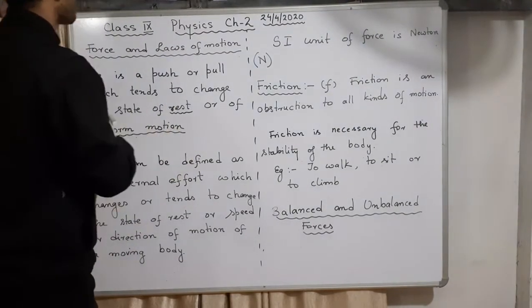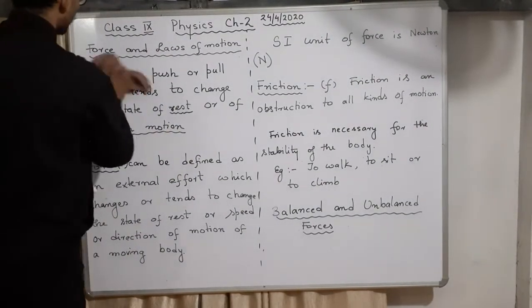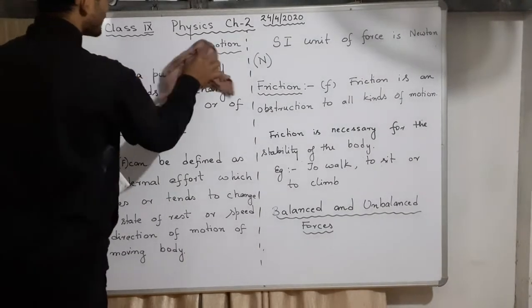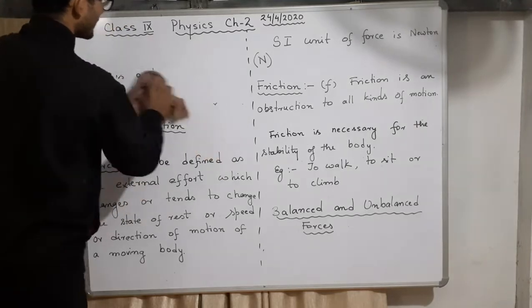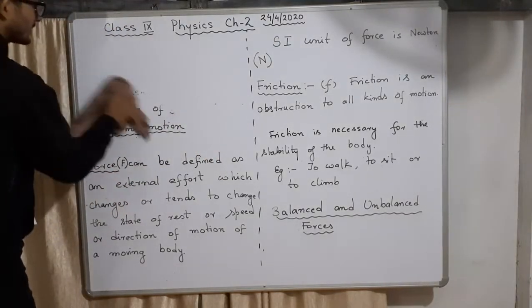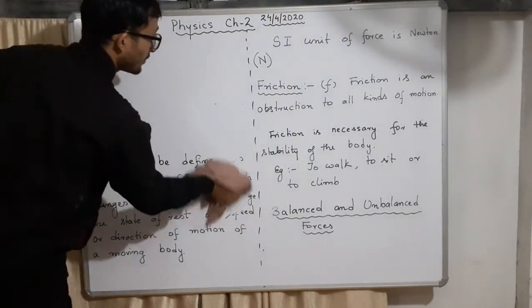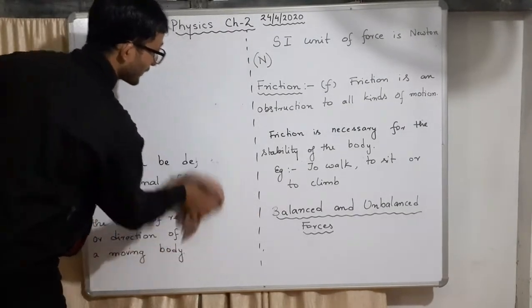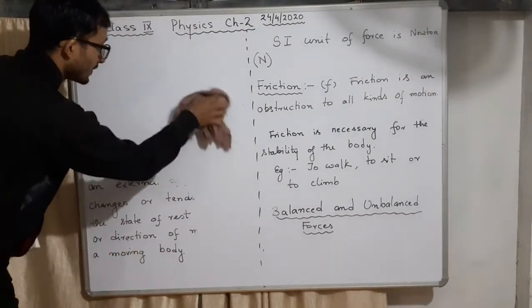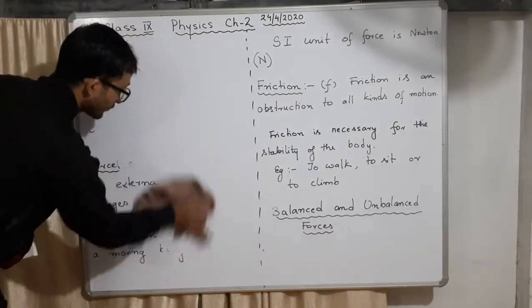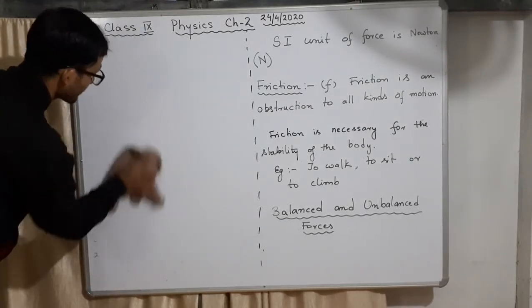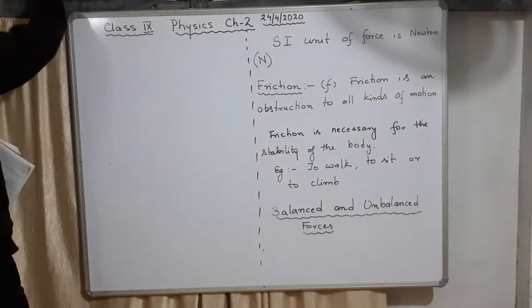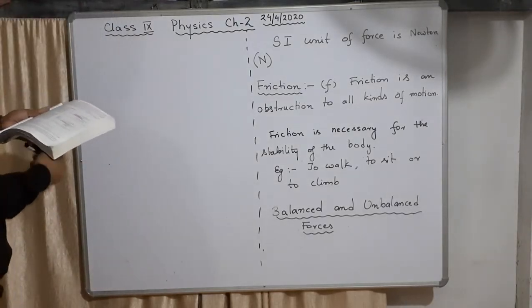Suppose there is one object with forces acting on it, but even after all the forces are acting, it is not moving. That means those forces are balancing each other, which is why they are called balanced forces. An unbalanced force means a force acting on something and resulting in motion. So we write it here.